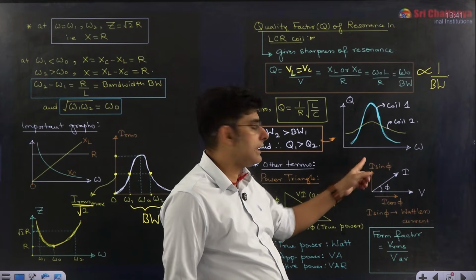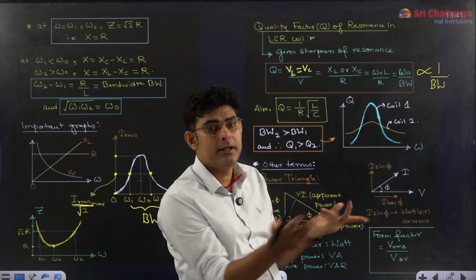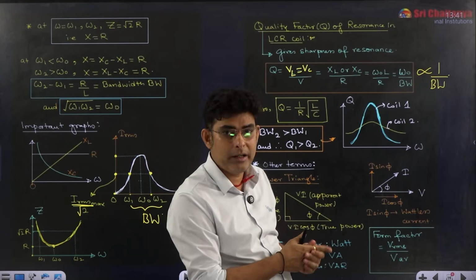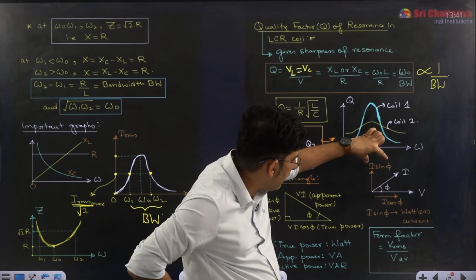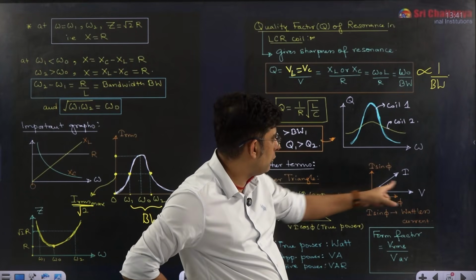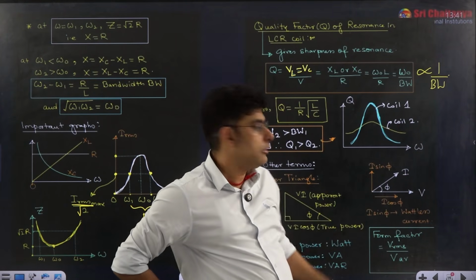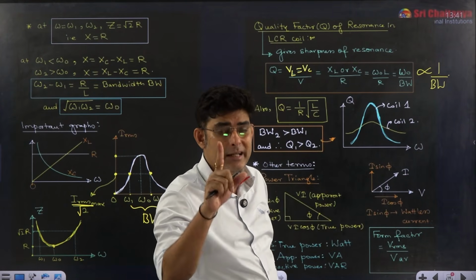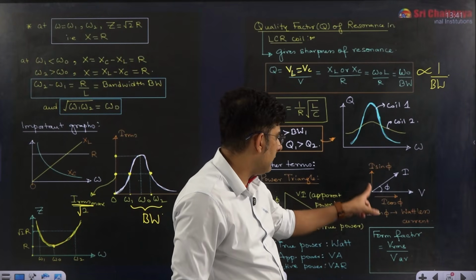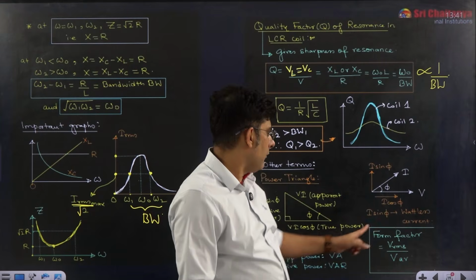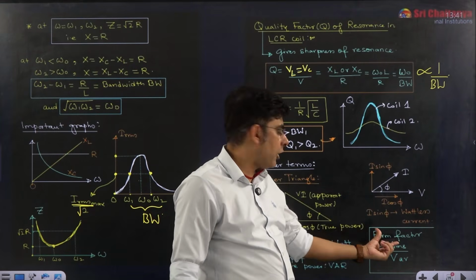If voltage and current are perpendicular in phase, that means the average power will become 0. So the current component which is perpendicular to voltage in phase, which is I sin phi, is known as wattless current. Remember this.